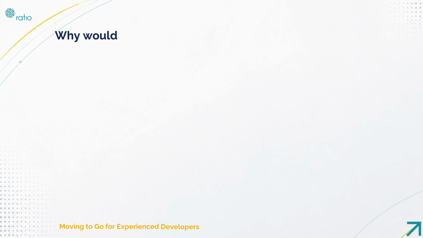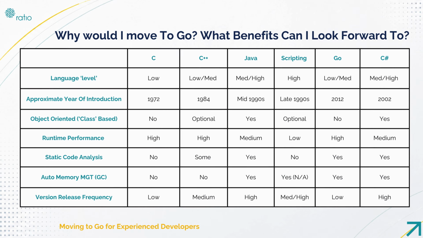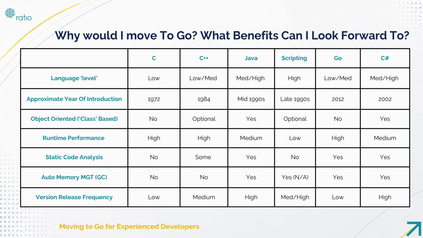Okay, so why would you move to Go? First of all, it depends on where you're coming from. The intention of this table is to give you an idea that you can compare, and we do this in detail in the course, so I'm not going to do that here. We leverage the fact that you would be familiar with concepts in at least one other language like C, C++, Java, one of the scripting languages like JavaScript or Python, C#.